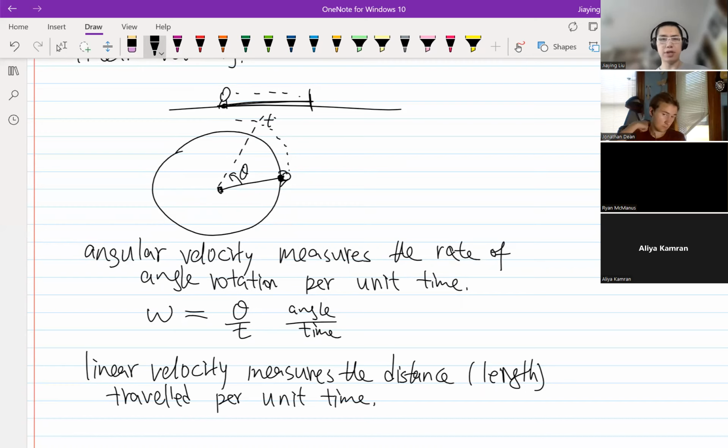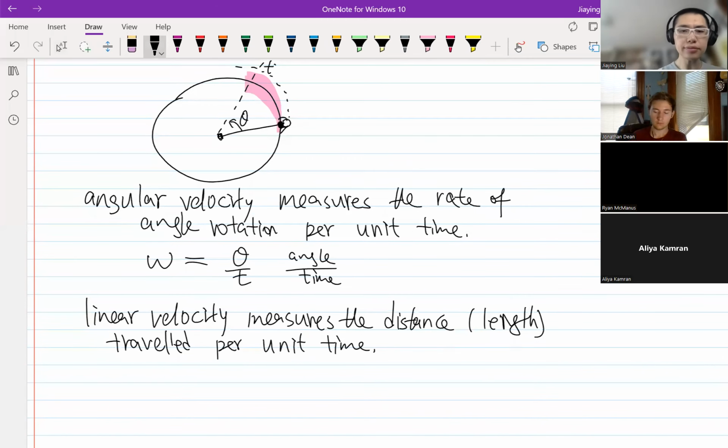If we strictly talk about the particle traveling on the circle, the distance or the length it covers is actually not a regular distance that we talk about on a straight line. It's actually the arc length. So the distance traveled is actually the length of the arc. So we're going to use V in this case. So V is equal to S over T. S is arc length, and T is time.